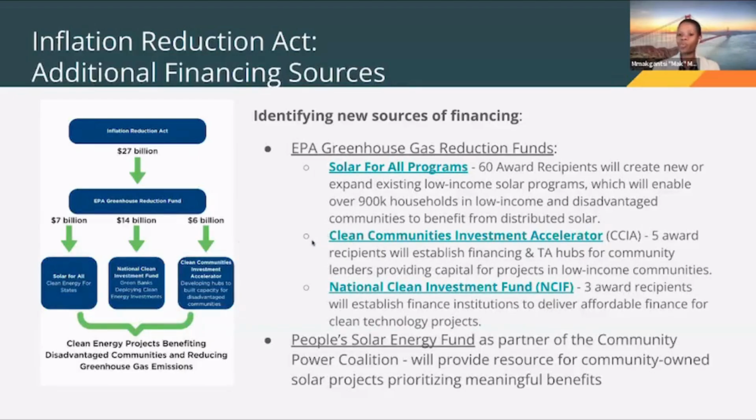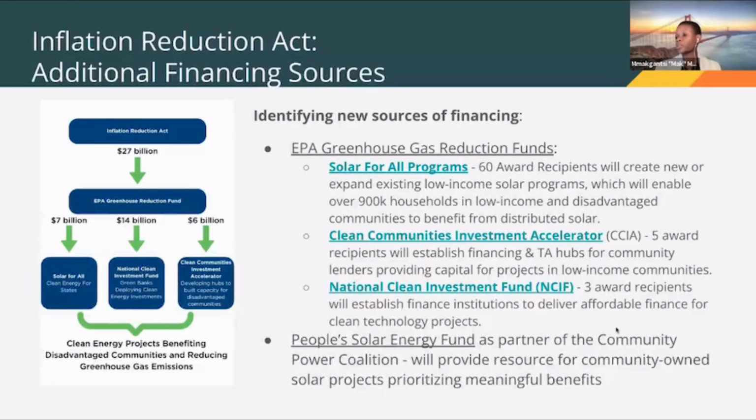There's the Solar for All program, where there's 60 recipients nationwide that will provide access to financing for low-income solar projects, as well as the Clean Communities Investment Accelerator, which establishes financing and TA hubs for community lenders providing capital.